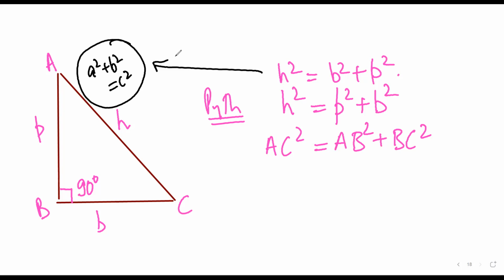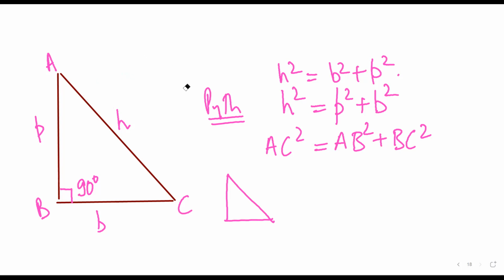Now we can take few examples to understand. I'll start with a very basic example so that you just get the hang of it. So for example, this is 3, this is 4, and this is 90 degrees. The triangle is ABC. So I want to find H. So H square is equal to 3 square plus 4 square.